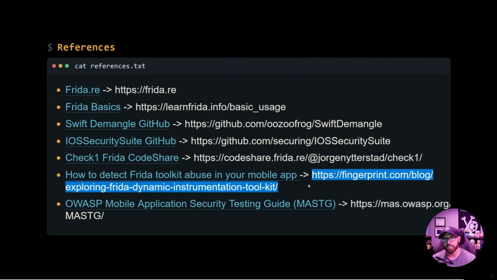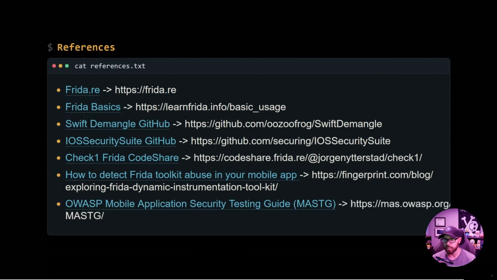And then this blog helped facilitate a lot of the contents in this presentation, so I wanted to give it a reference. And last but not least is the OWASP Mobile Application Security Testing Guide. There's a lot of good information in here, so whether you're a seasoned vet or just starting off in mobile application security, this is something I would recommend reviewing, as it'll walk you through methodology, documentation, tooling, etc. to help you get started.